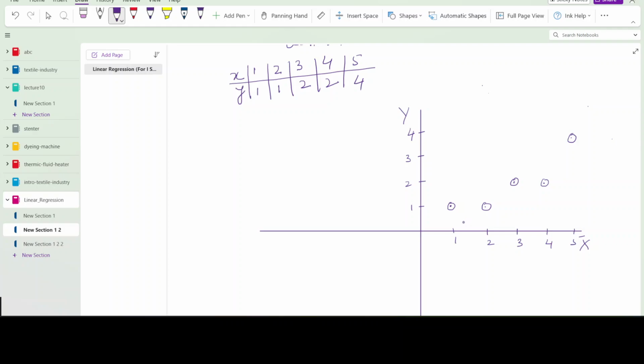But suppose somebody uses one's own judgment and says that this is the best fit line, then some other person will say, no, this is going to be the best fit line.